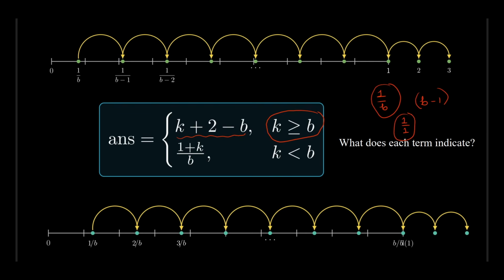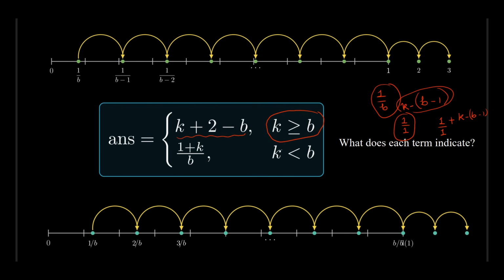So how many rounds do you have remaining? The answer is k minus (b minus 1). And then since you have reached 1 upon 1, you will add this number of rounds remaining to the numerator. So you do this, and this is the expression that you get, k plus 2 minus b. This is when k is greater than or equal to b.